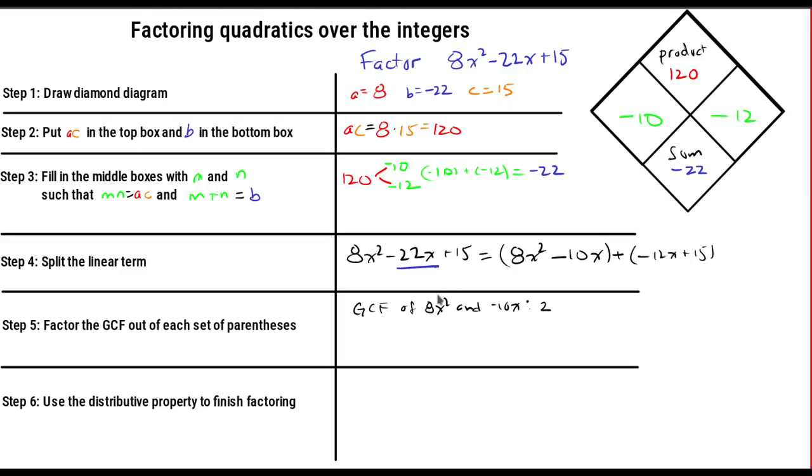And the greatest common factor of x squared and x is x. So we can pull a 2x out of both of these. The greatest common factor of negative 12x and positive 15: 3 goes into 12, 3 goes into 15.